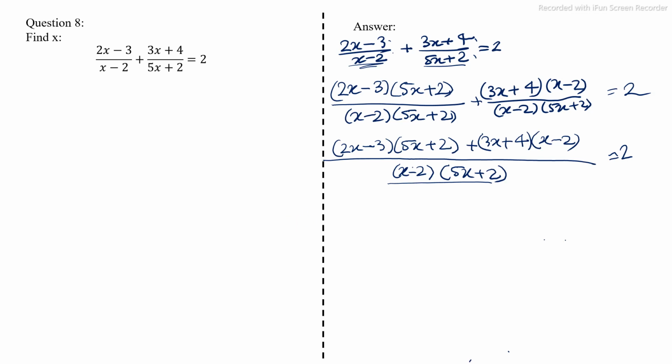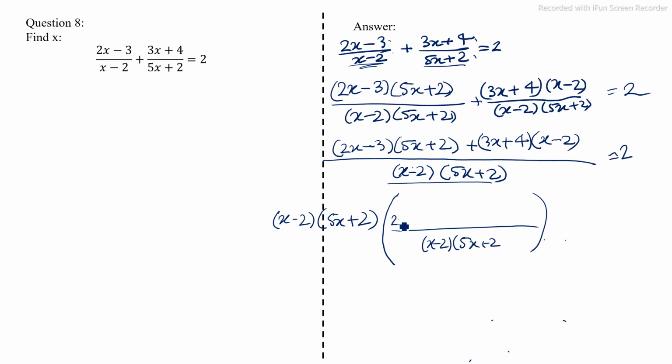Therefore, we do x minus 2 and 5x plus 2 times the fraction over here, so it's x minus 2 and 5x plus 2.